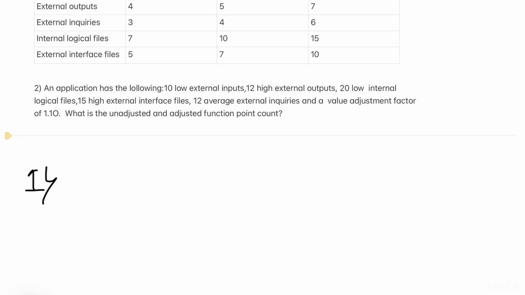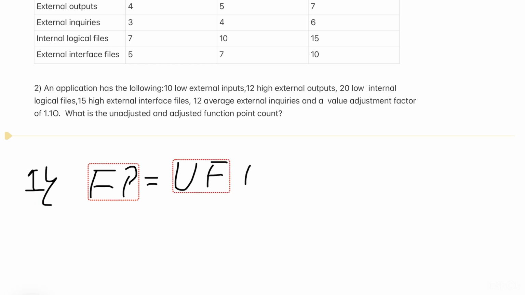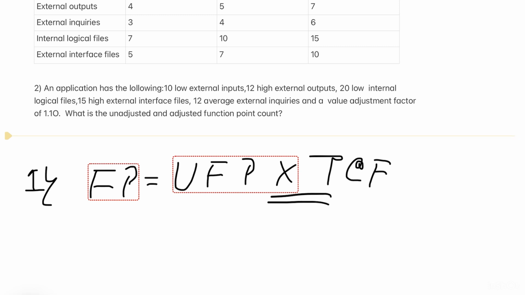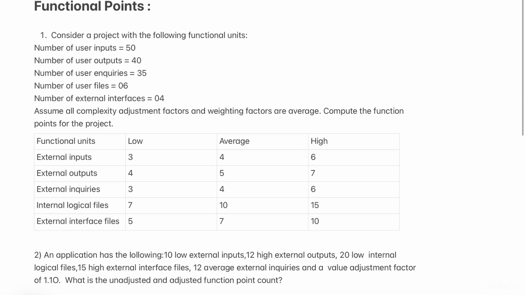The formula of function points is unadjusted function points multiplied by the total complexity factor. So what are unadjusted function points? This is simply the summation of the multiplication of the number of user inputs, outputs, inquiries and so on with their average weights.